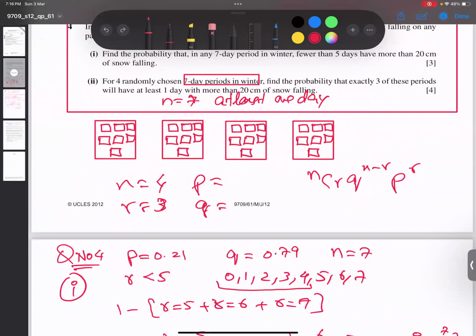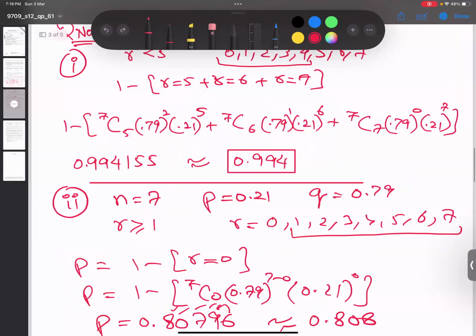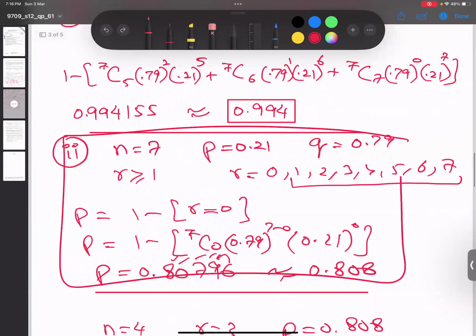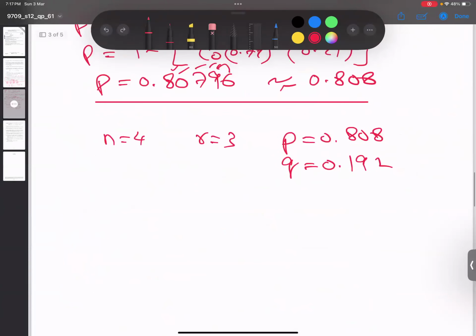Out of 4 weeks, he needs 3 weeks, for the situation that at least 1 day in a week has more than 20 centimeters of snowfall. So this whole working was done to find p and q, and I believe now you understood why I'm using this.